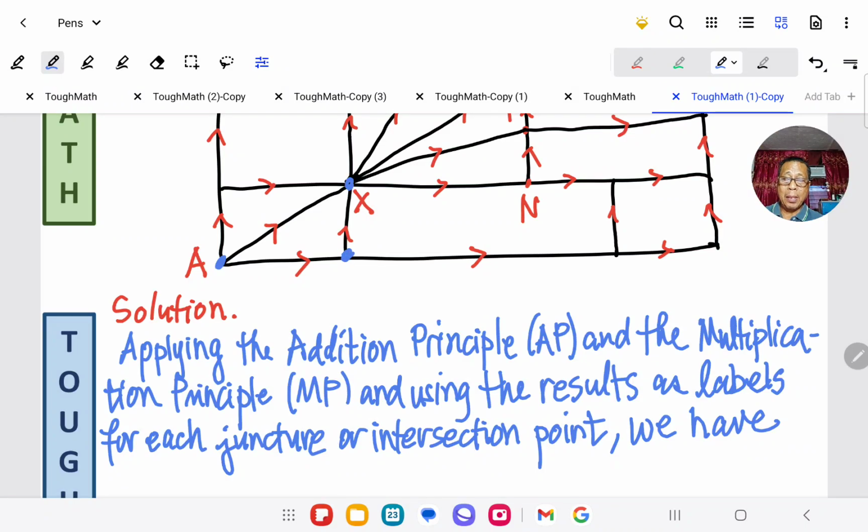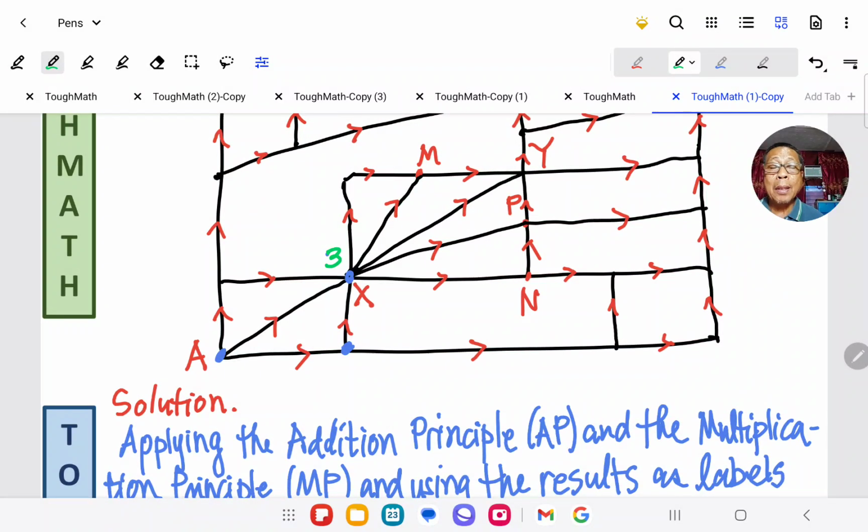So you have three ways, and as mentioned, we will use that number 3 as label for the intersection point X. So we write 3 here. We'll use another color to easily distinguish the labels from the other features in the drawing.